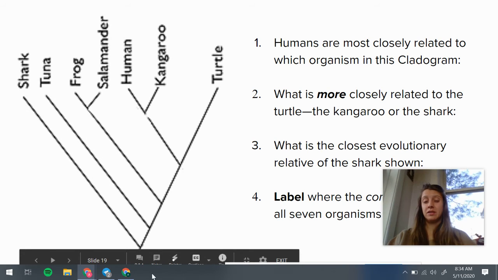That's our root, the common ancestor of all 7 of these organisms that are shown. It's all the way down here. You would describe it as being the very bottom, even lower than shark, where we see a common ancestor of all 7 of the species that are shown.